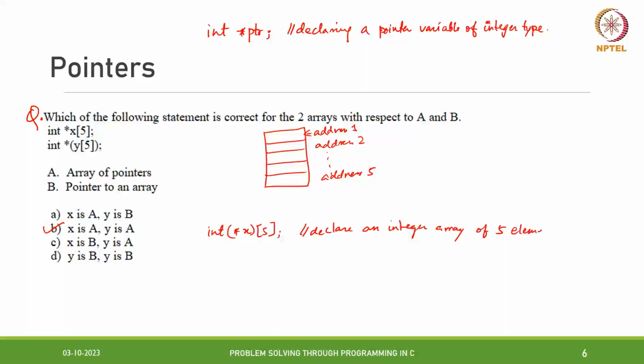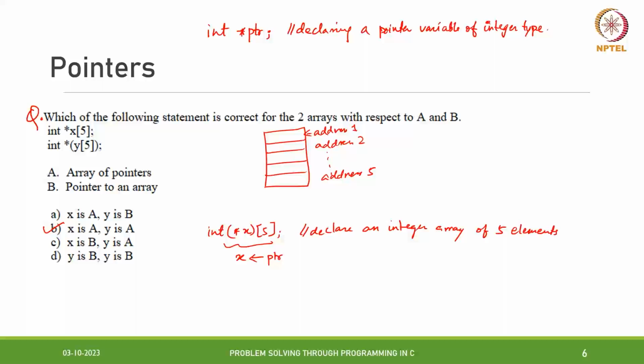So the parentheses play an important role here. x is the pointer in this case, and star x, this entire thing in parentheses, is the integer array, and you are saying that I need 5. So this entire thing declares an integer array of 5 elements. We'll see that in the next question.